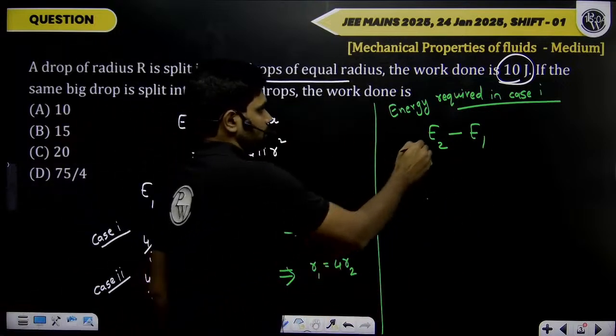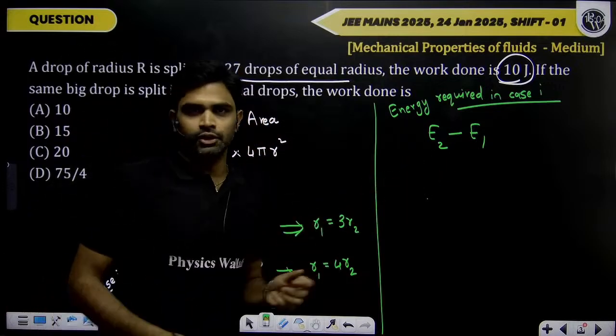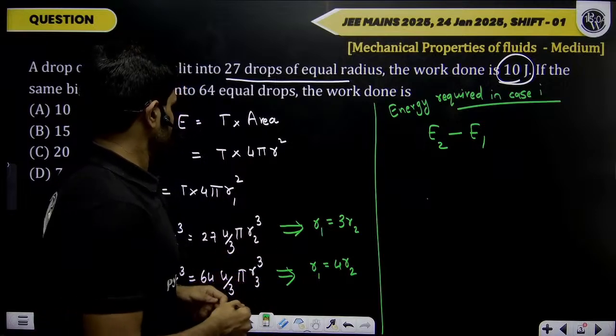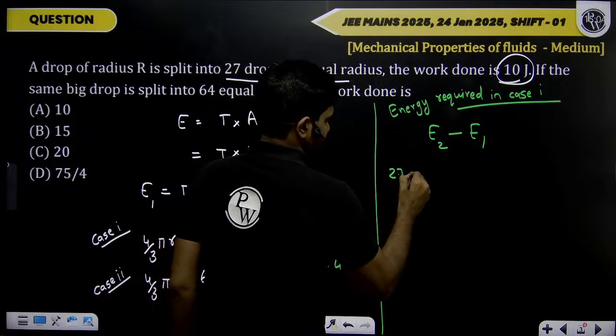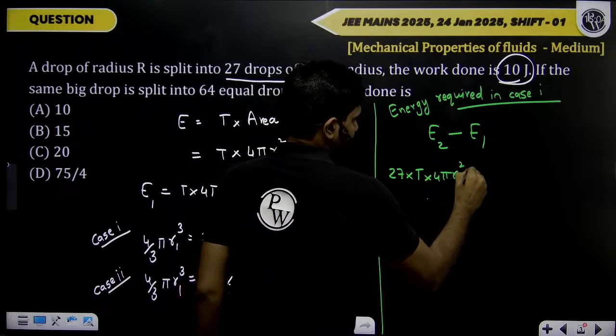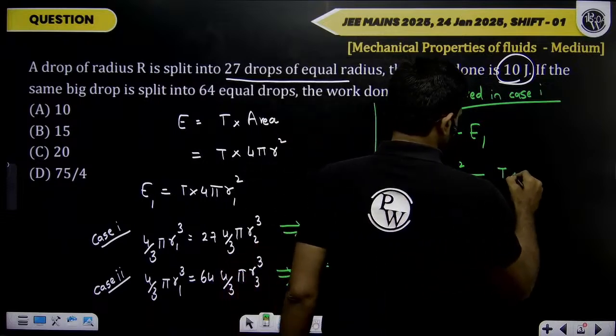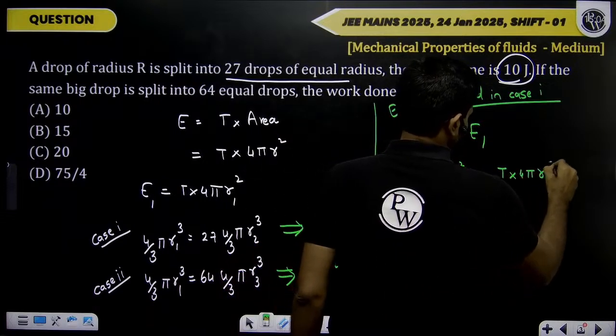What is E2? We have 27 drops. So 27 into T into 4 pi R2 square, minus E1, which is T into 4 pi R1 square.